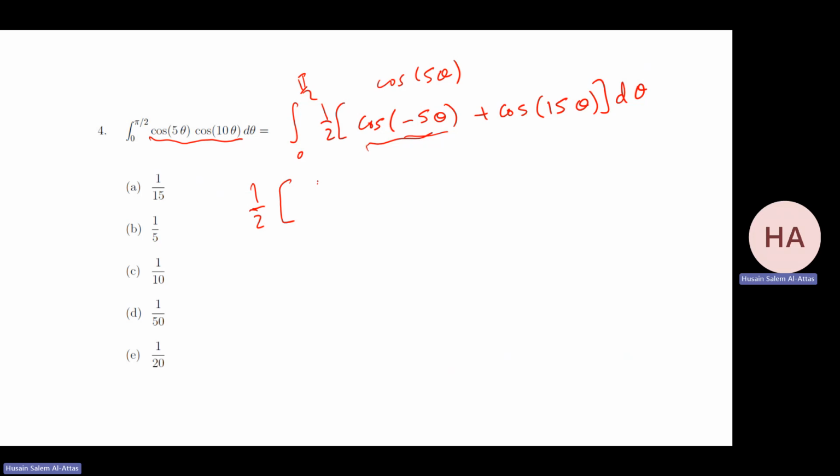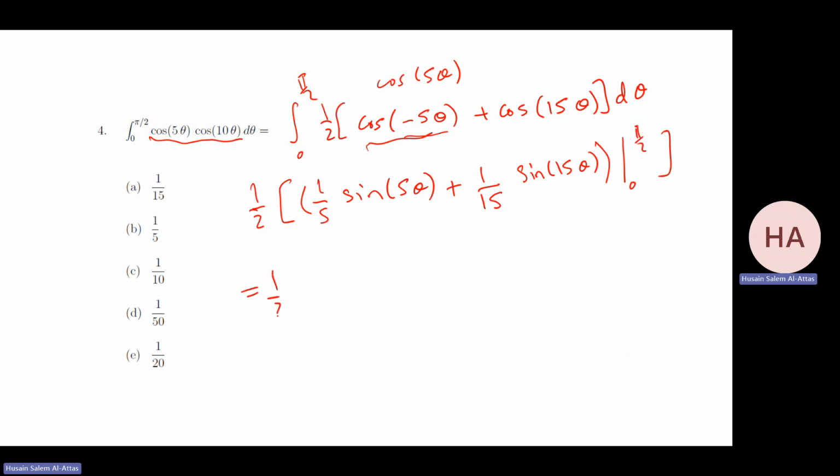So that will be 1 over 5 sine 5 theta plus 1 over 15 sine 15 theta. And that from 0 to pi over 2.